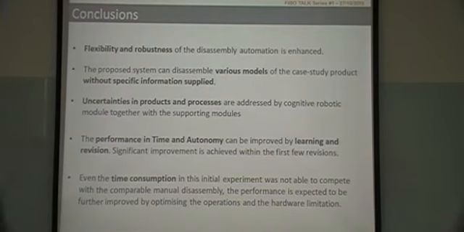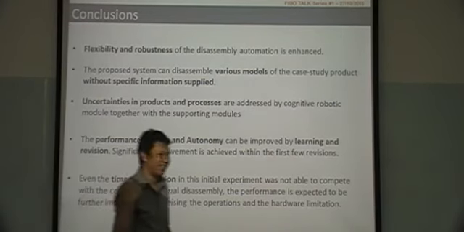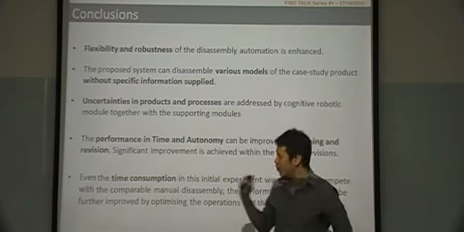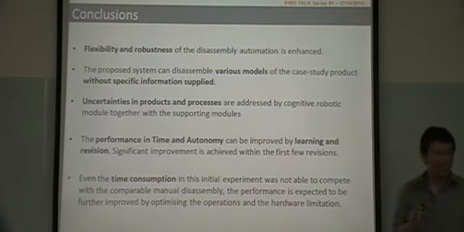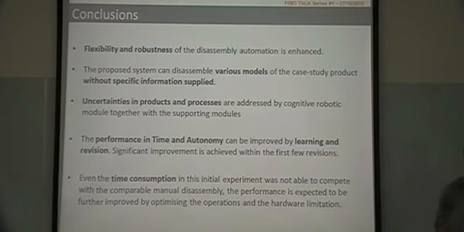So to come to a conclusion, what I found out from my research is that we try to make a robotic system that can automatically disassemble stuff. But this one is just a little starting point.